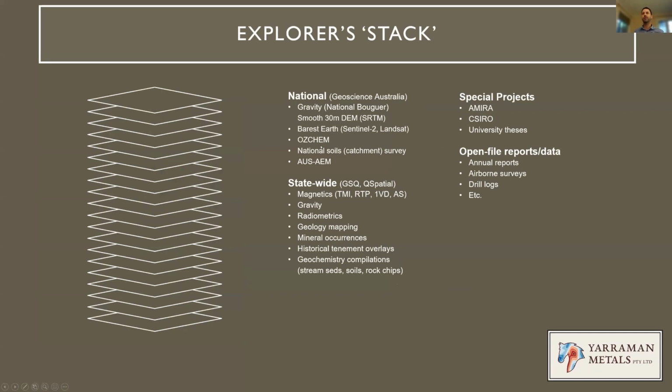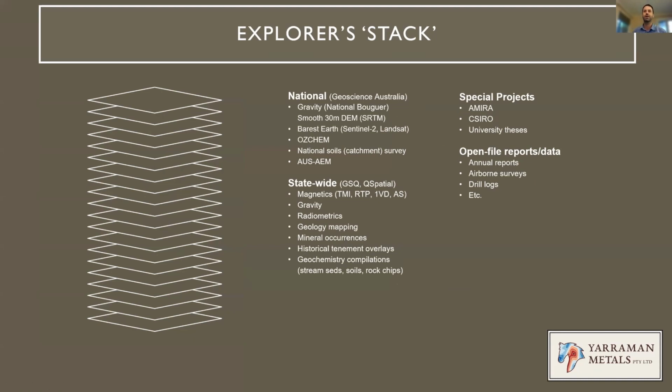Okay, so I'm basically going to talk about the concept of an explorer's stack, which is really thinking about the layers of information, or the catalog of information, that you can access at a desktop level. You can leverage access to the internet and fast download speeds and get amazing amounts of data.